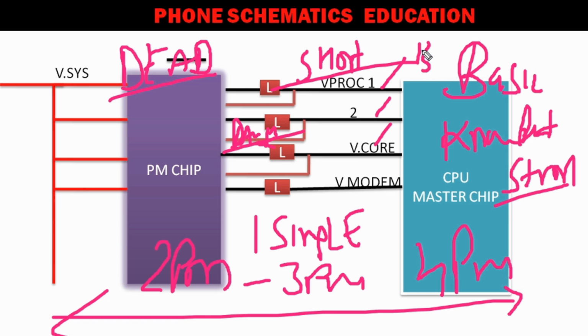When you read a 15-20 reading and your multimeter also beeps, you think this line is short and you inject the voltage. So this phone is permanently gone, never repaired. So you lose your reputation, or lose money for a customer. I hope you get my point, what I'm saying to you.